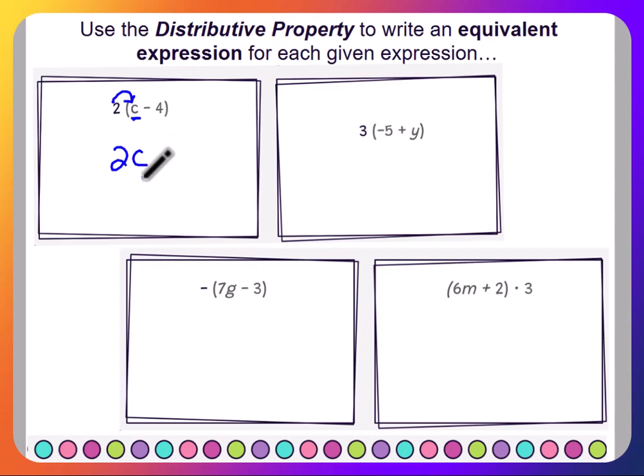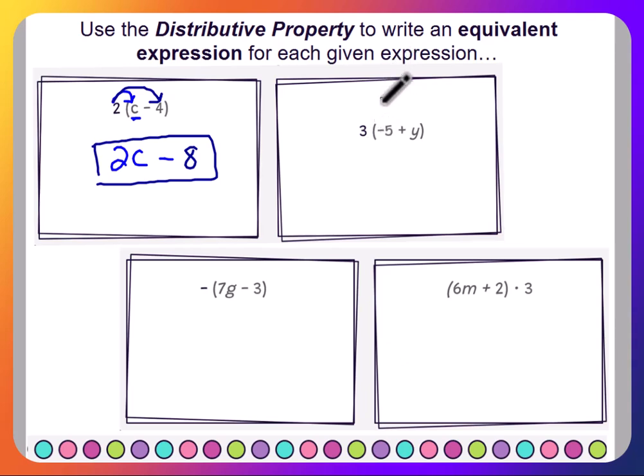It gives you 2c. Then we're going to bring down the minus sign. And now we're going to distribute the 2 to the second term, which is the 4. 2 times 4 is 8. Cannot combine the c's with the 8, so our simplified expression after distributing is 2c minus 8.